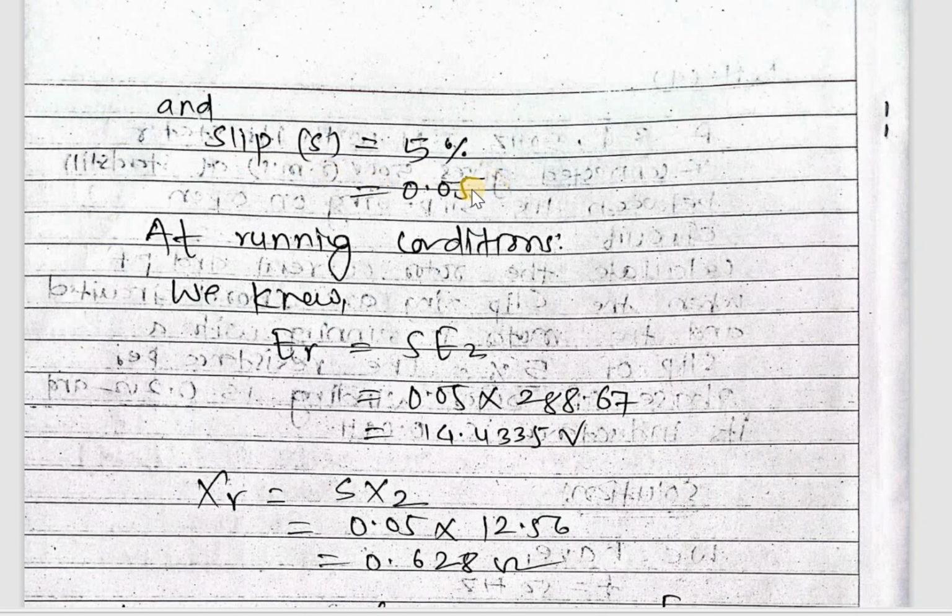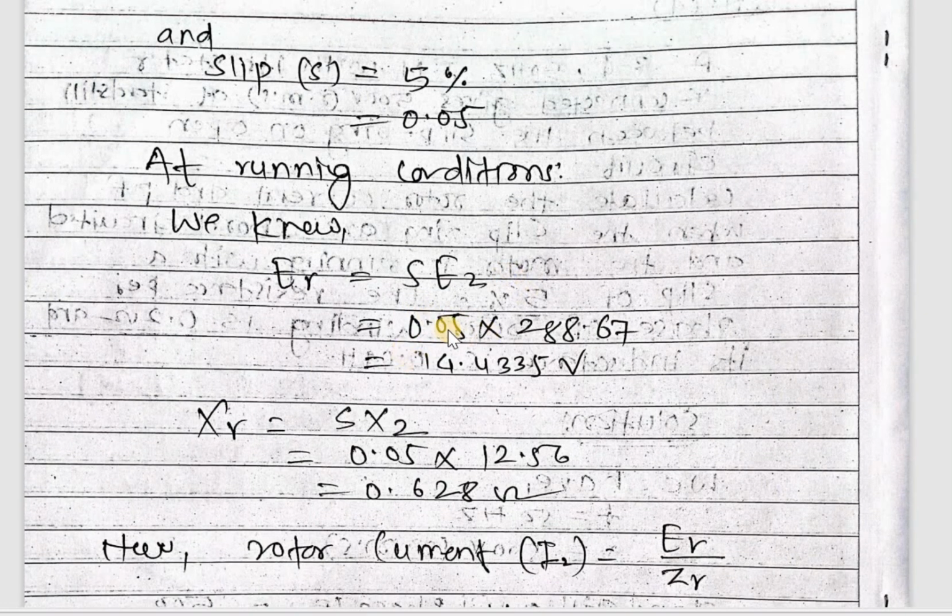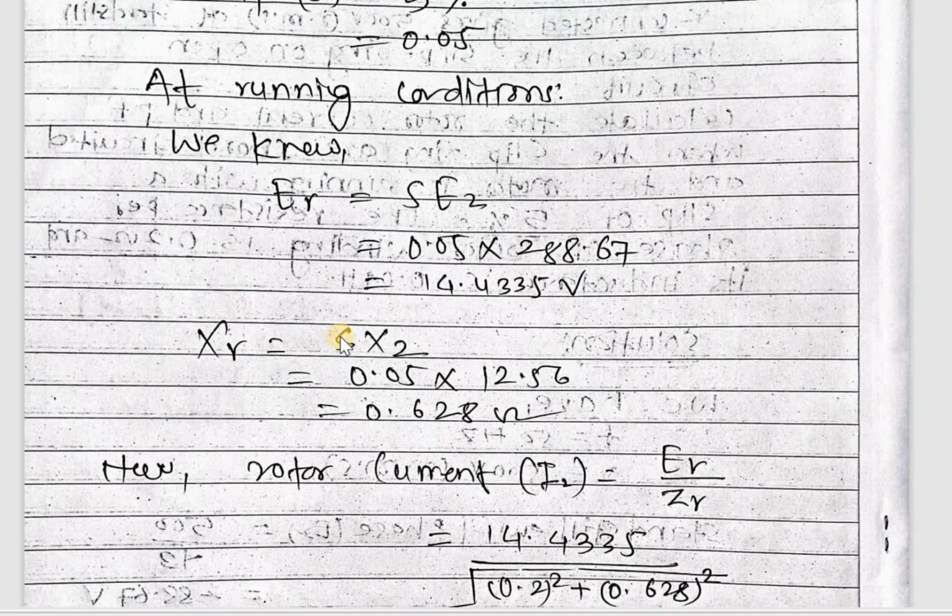And next, slip is 5%, 0.05. At running condition, we know Er equal to s into E2, that is 0.05 into 288.67, that is 14.4335 volt, and Xr equal to s into X2. The value of s is 0.05 and X2 is 12.56, so we can get 0.628 ohm.